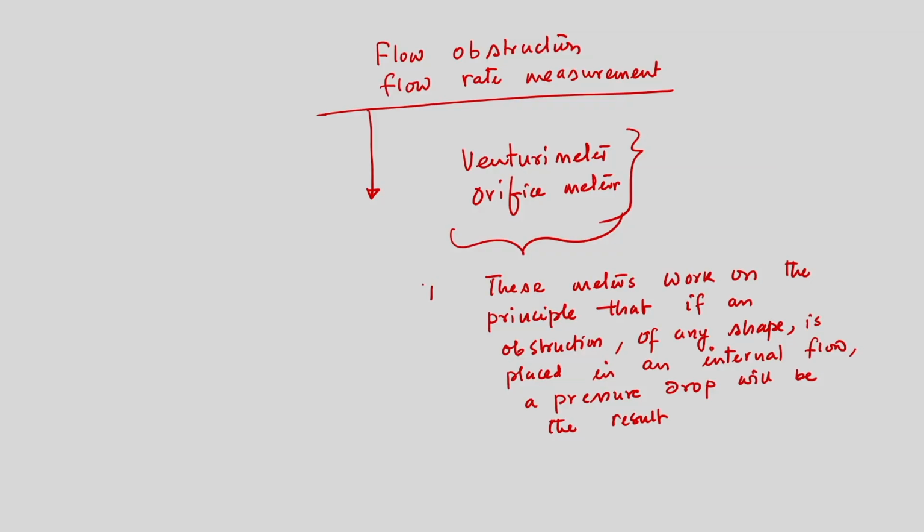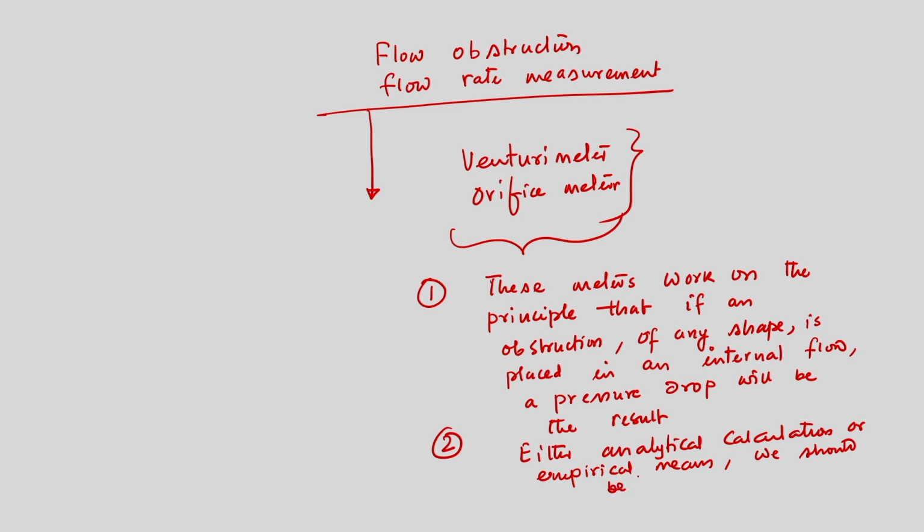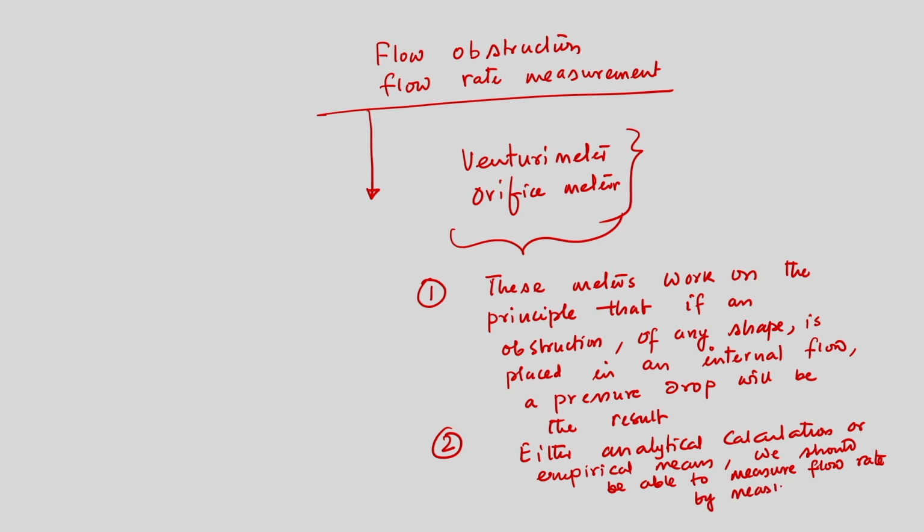So, this is one, and then two, either analytical calculation or empirical, meaning we should be able to measure flow rate by using the measured pressure drop, by measuring pressure drop.